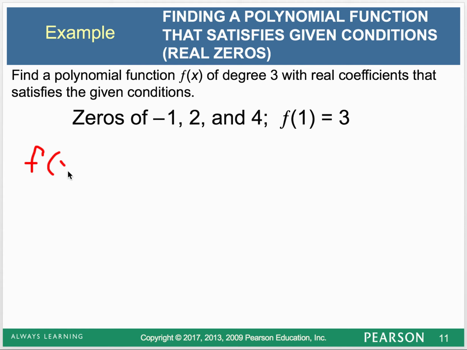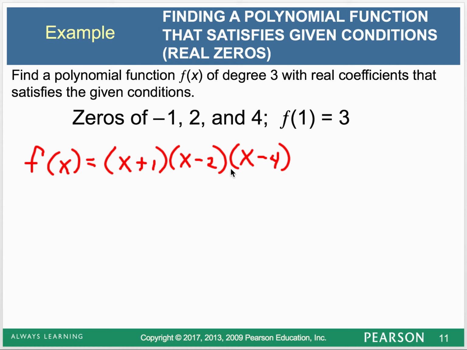So that's f of x equals, now if it has a 0 of -1, I know it has a corresponding factor of x plus 1, right? If it has a 0 of 2, we've got a corresponding factor of x minus 2. And if it has a 0 of 4, we've got a corresponding factor of x minus 4.